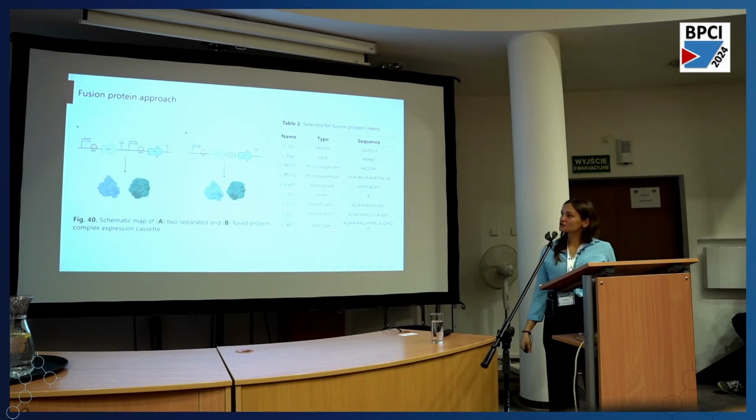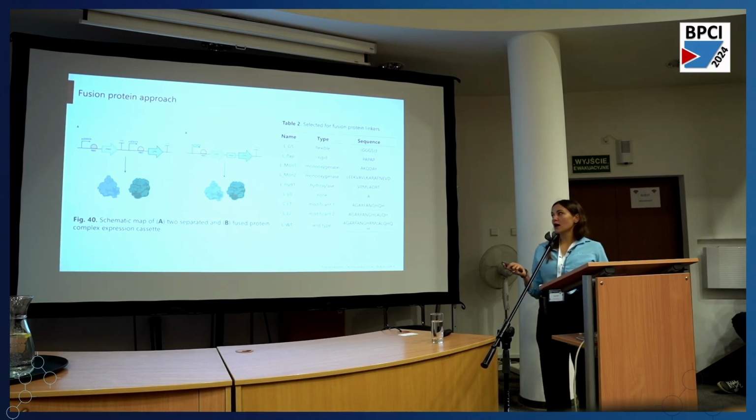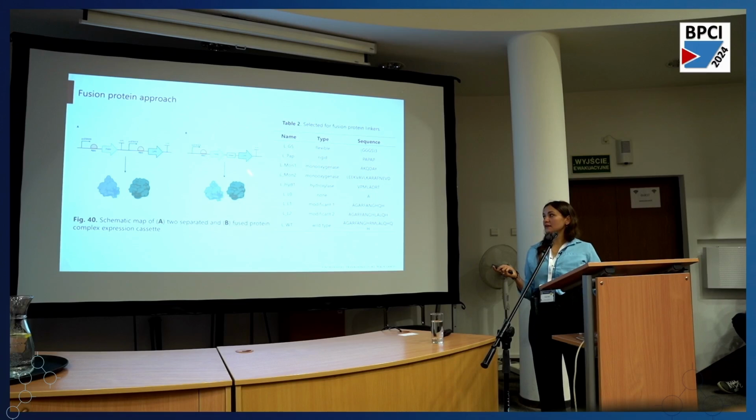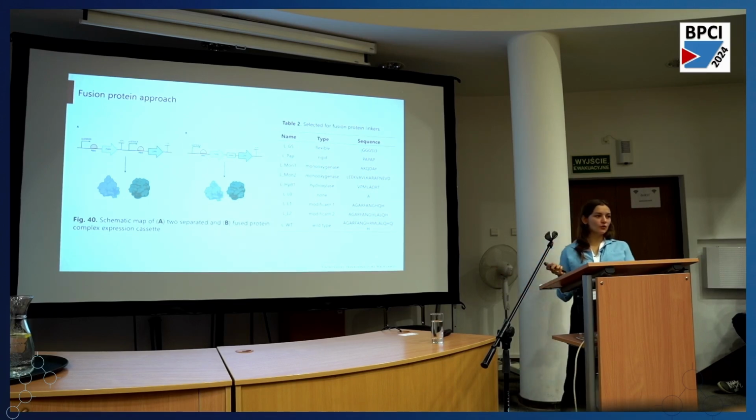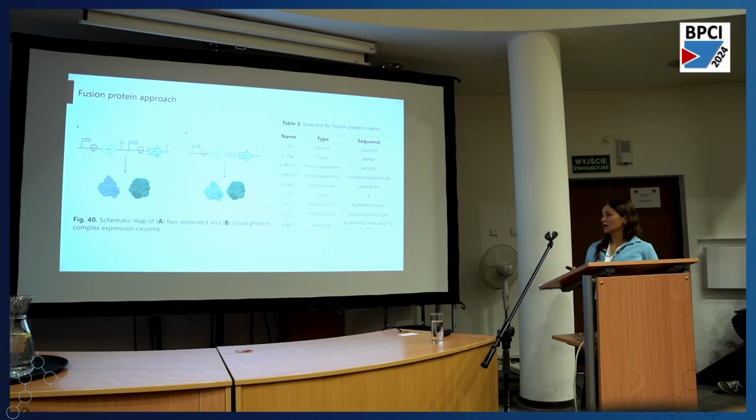That's about the fusion protein. That's where we wanted to express the hydroxylase and reductase joined by linkers, and the linkers were selected based on the literature and of course on the website dedicated to designing those genomic parts.